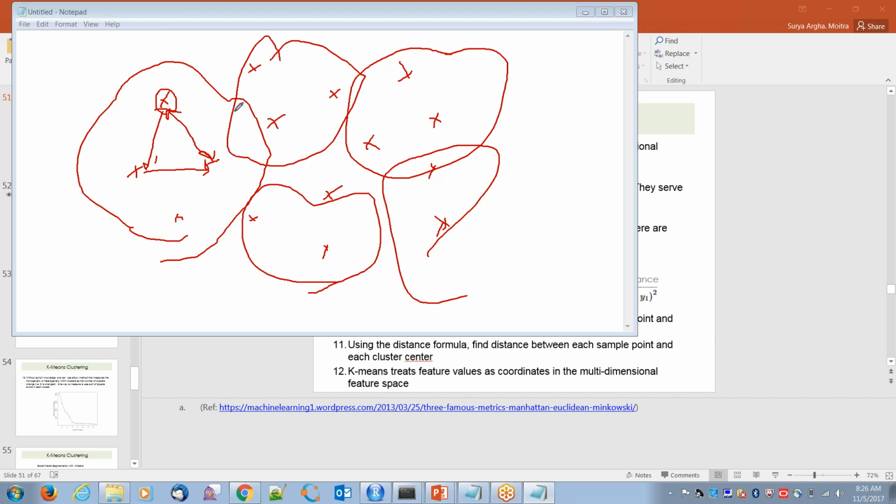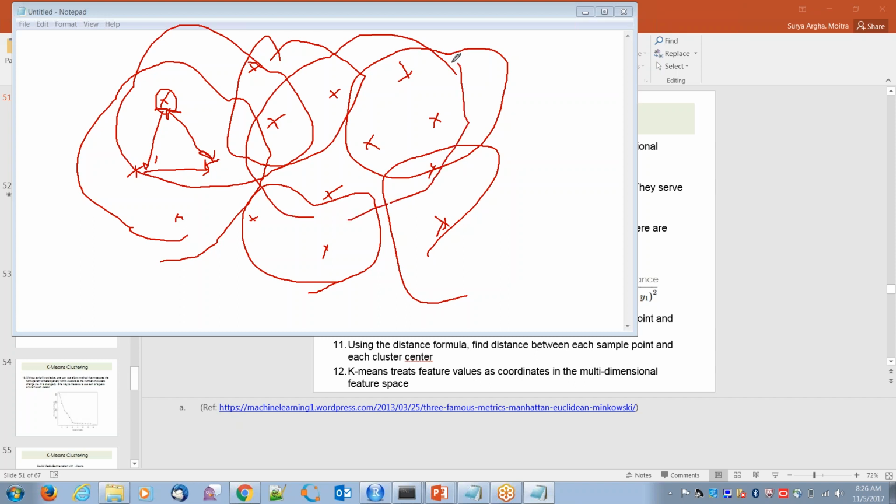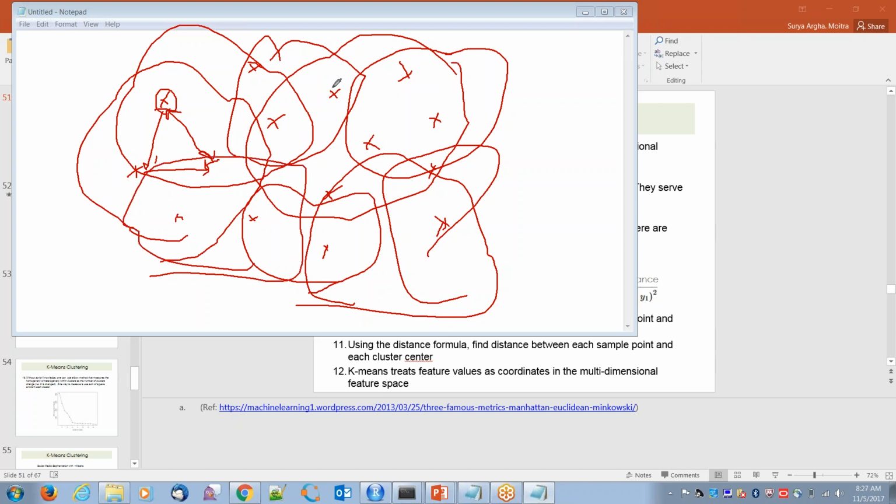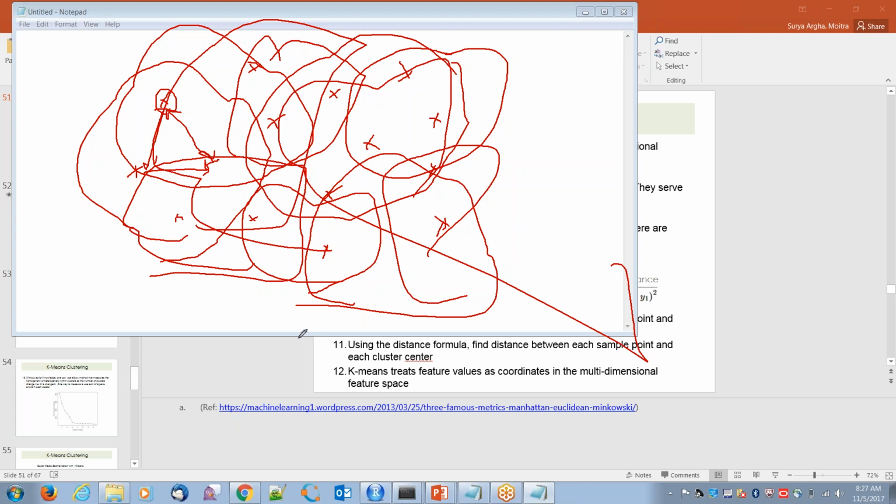Once the cluster center is shifted, maybe these data points now belong to one cluster. So from 5 we came to 4, and if we go further, let's say we end up with 3 clusters.